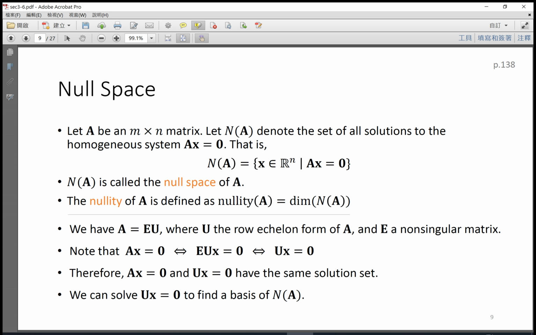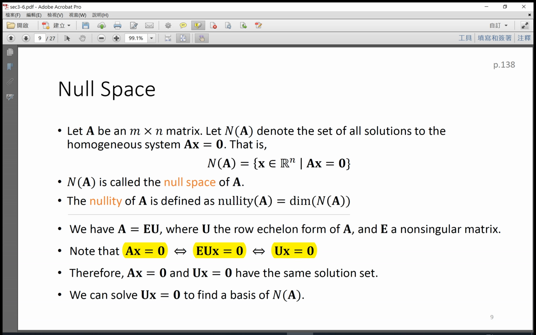To compute the null space, we need to solve the equation AX equals 0. Now we substitute A with EU, then we obtain EUX equals 0. Since E is a non-singular matrix, EUX equals 0 holds if and only if UX equals 0.